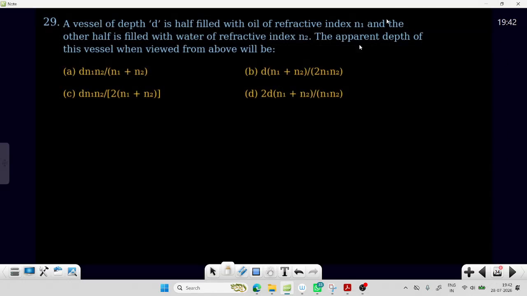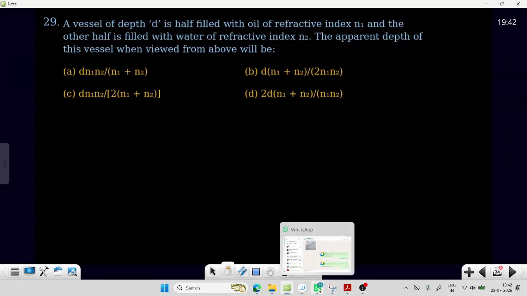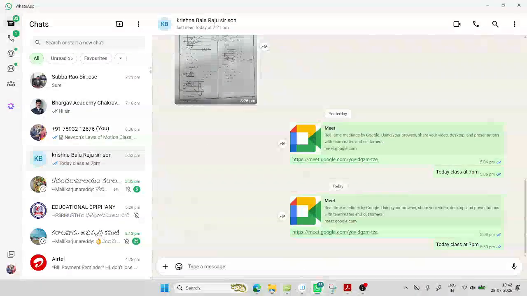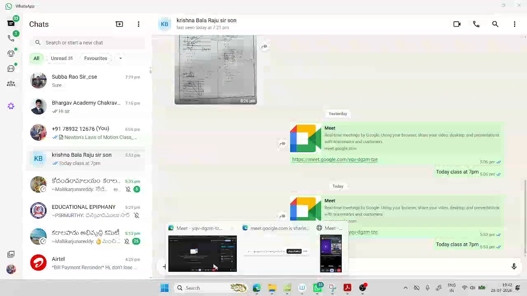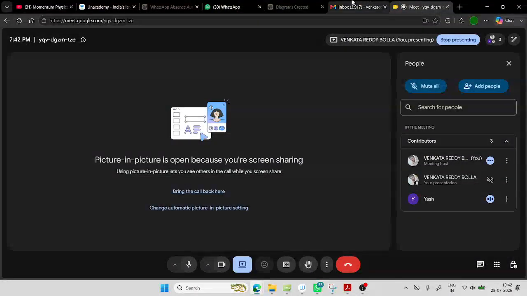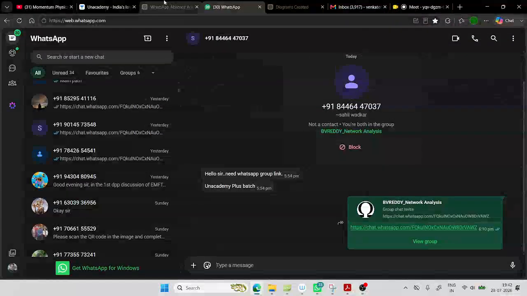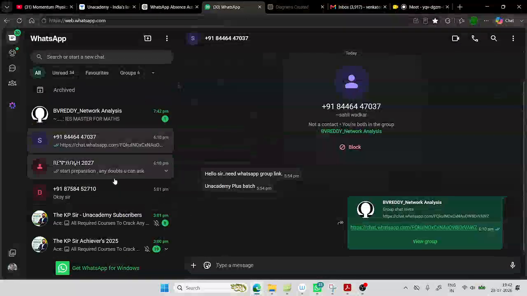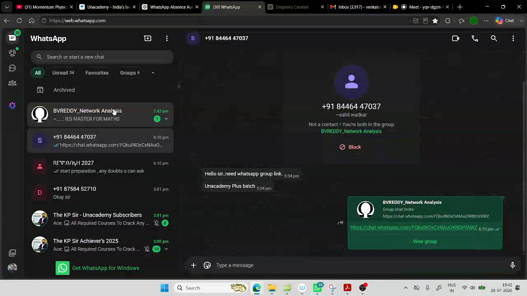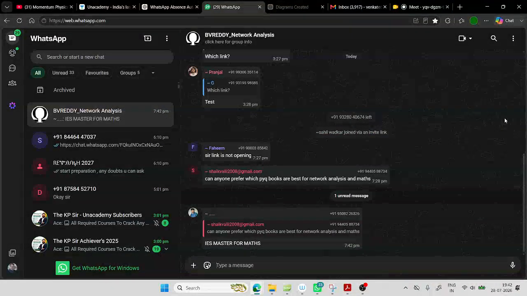Sir, one small doubt. When we point a light source from inside water, at a certain angle it will become completely along the surface of water, and after that total internal reflection will take place, no, sir?